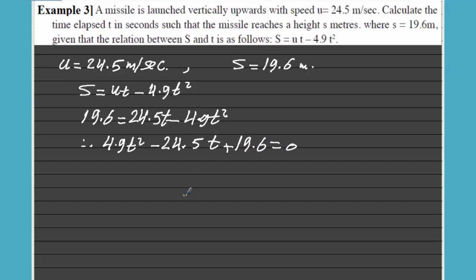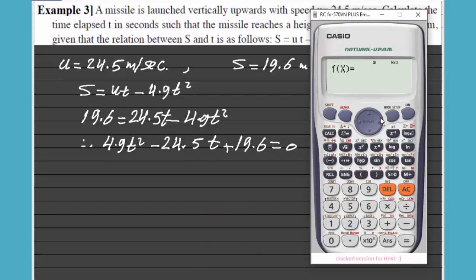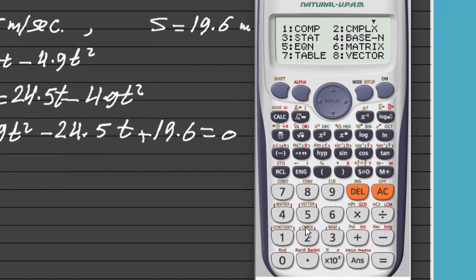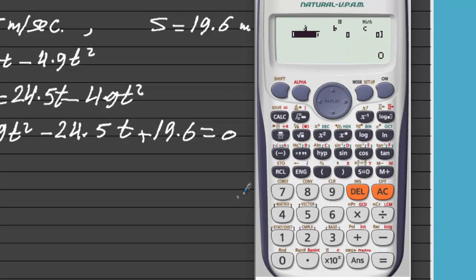Now we go to the calculator and we press mode 5-3 to get the second degree equation, and we write 4.9, equals, negative 24.5, equals, positive 19.6, equals.